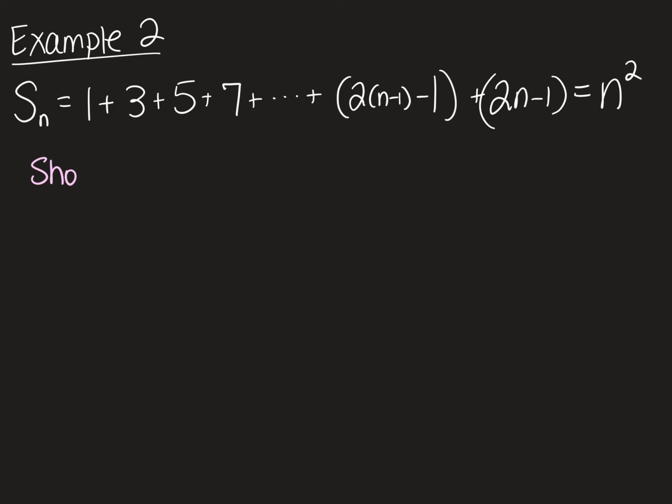So show n equals 1 is true. And we've actually done this, but let's just show it. Here's how we would show it. We say, okay, S sub 1, the first term of the sequence, is just 1, and that's it.